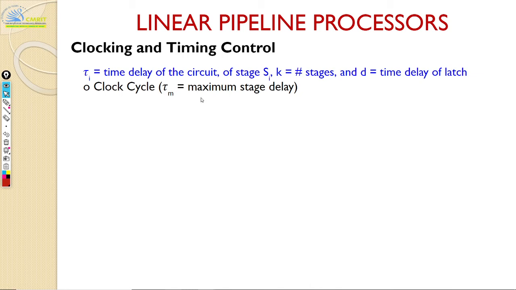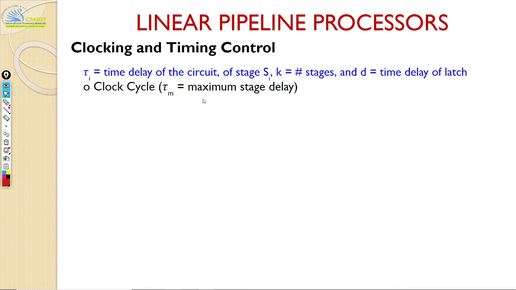Got it? Now again, if the slowest guy is 0.5 nanoseconds, then 1 divided by 0.5 nanoseconds is going to be 2 gigahertz. That is how your clock frequency is computed.